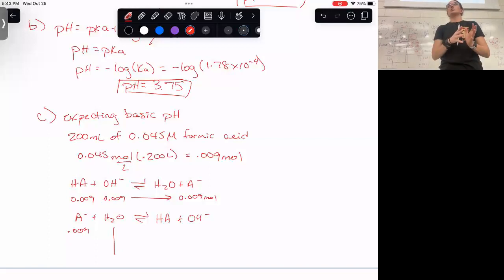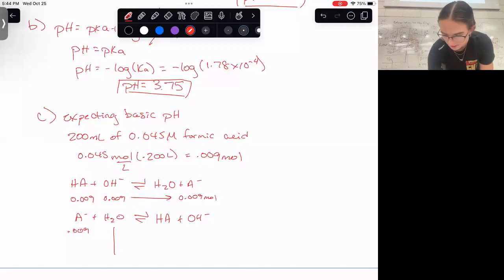So how do we get to concentration from here? We have to divide by our total volume. How do we find the total volume that we need? Perfect.